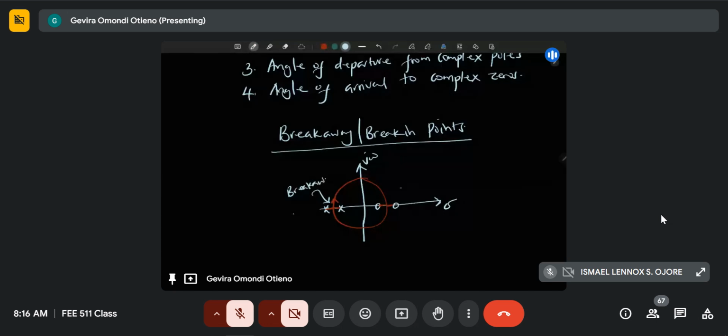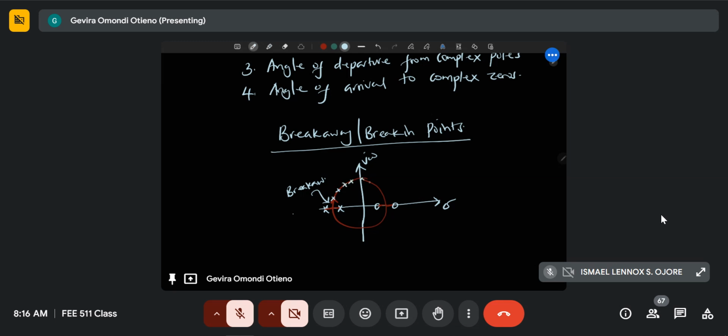You can imagine that as the gain increases, these poles are moving along the root locus, up to the point where they terminate at a 0. The point at which they rejoin the real axis becomes the break-in point.